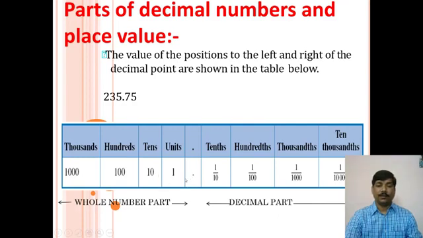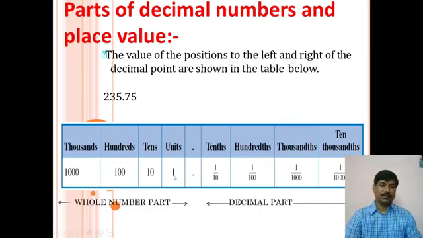The left columns of this point show the place value of digits in the whole number part, and the right columns from the point represent the place value of digits in the decimal part.